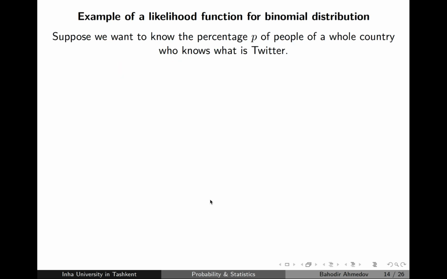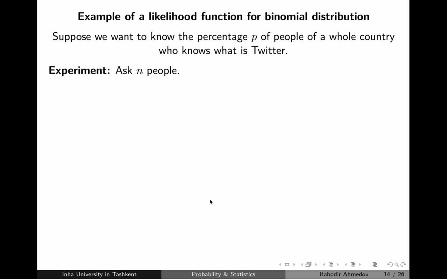Okay, so let's consider another, more realistic example of the likelihood function for the binomial distribution. Suppose we would like to know the percentage p of people in a whole country who know what Twitter is. Obviously I cannot ask all the people in the country and know the exact percentage of people who know what Twitter is.